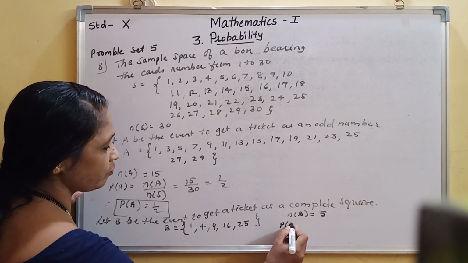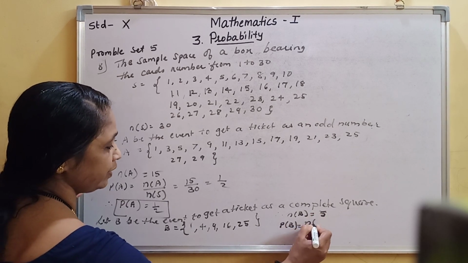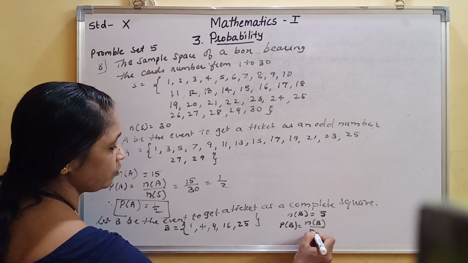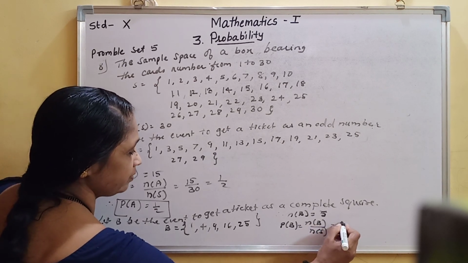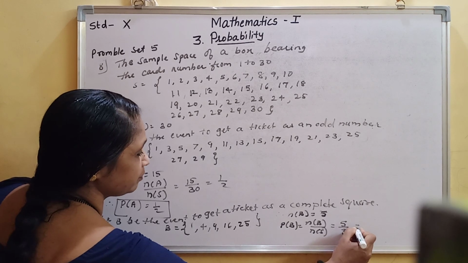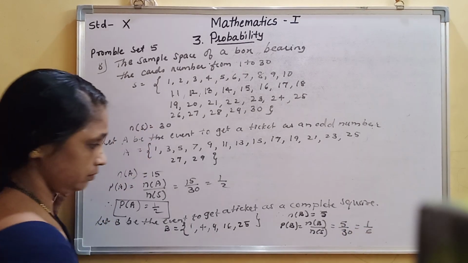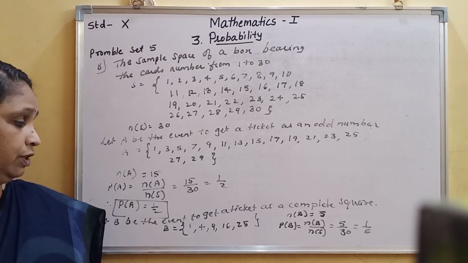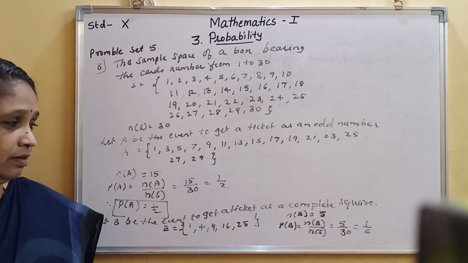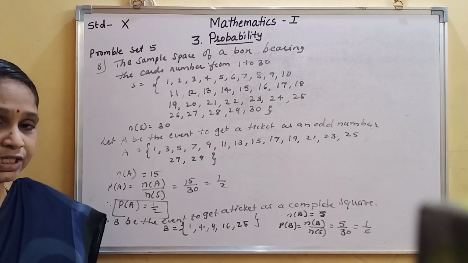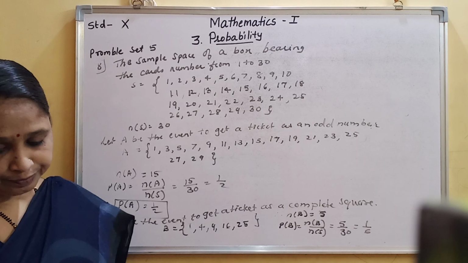Therefore the probability of B will be n(B) upon n(S), which means 5 by 30. 5 by 30 means 1 by 6. So the probability of getting a ticket as a complete square is 1 by 6.